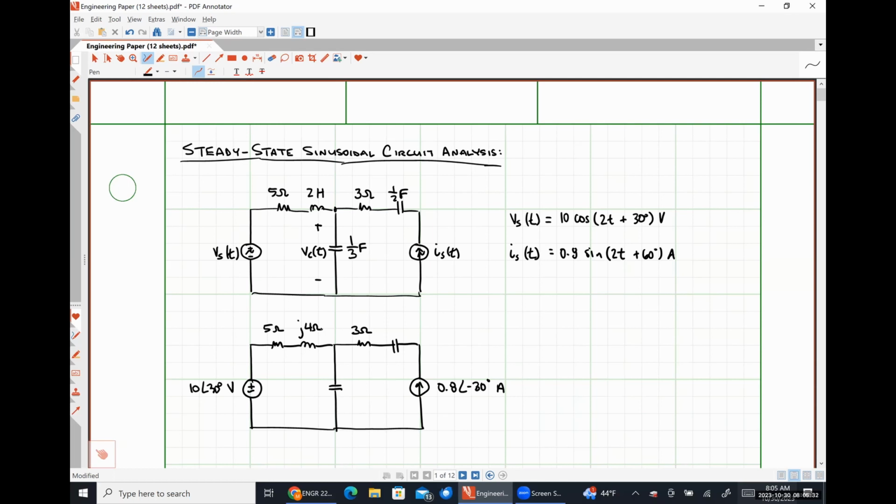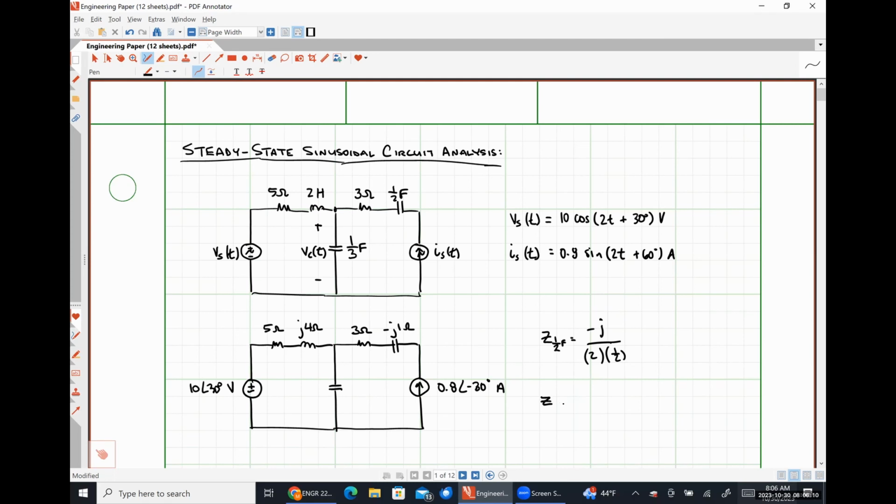What's the impedance of a capacitor? 1 over J omega C, or negative J divided by omega C. So for our 1/2 of a farad capacitor, Z of 1/2 of a farad is going to be negative J divided by 2 times 1/2. So that's just going to be negative J1.